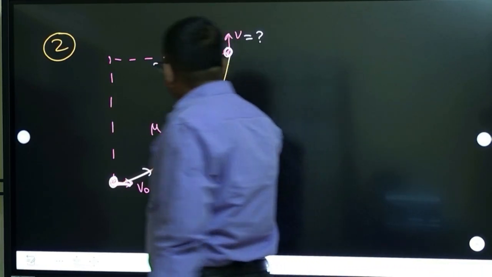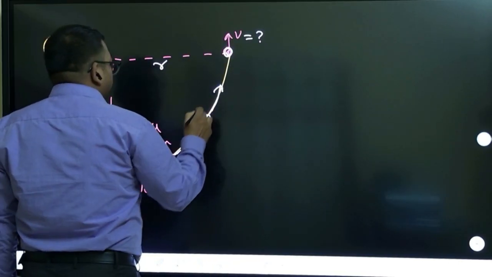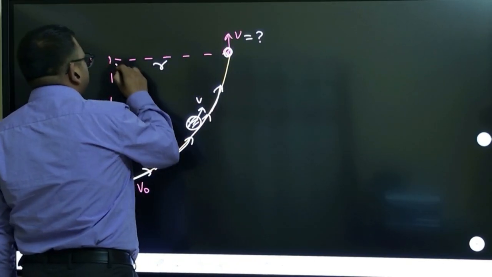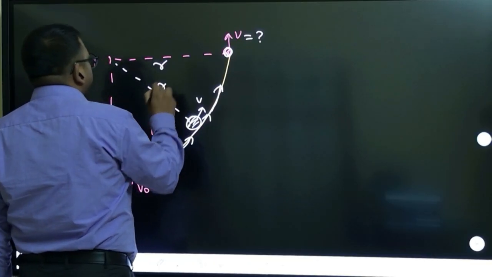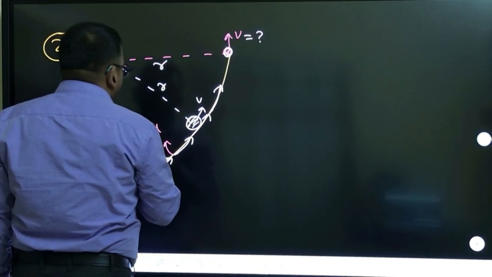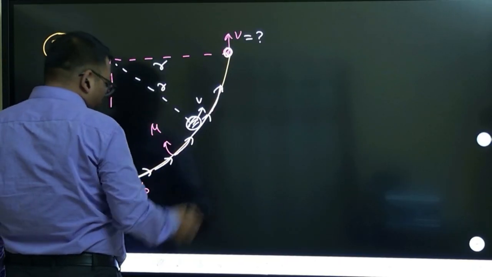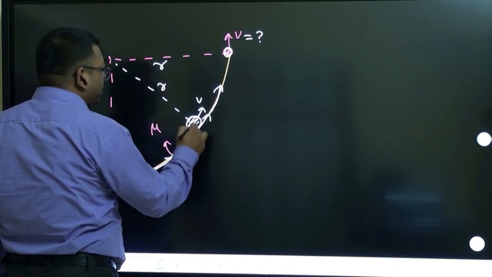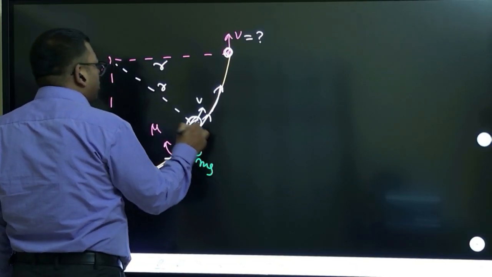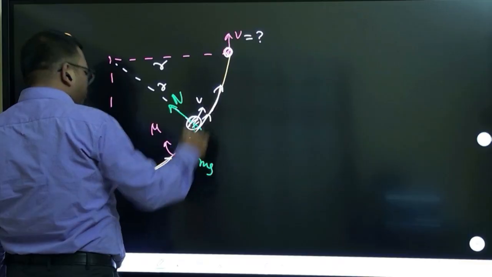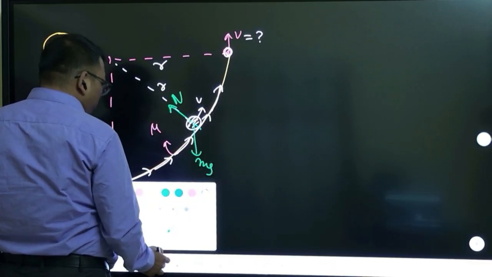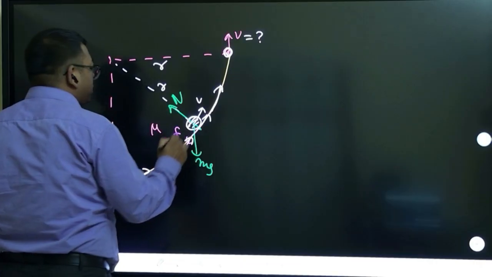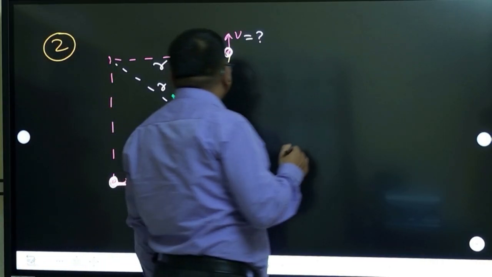At any instant the particle is here and has some velocity v, and this is the radius. The forces acting in the same way: mg, normal, and as it is moving upward, friction must be there. Let us apply that condition.